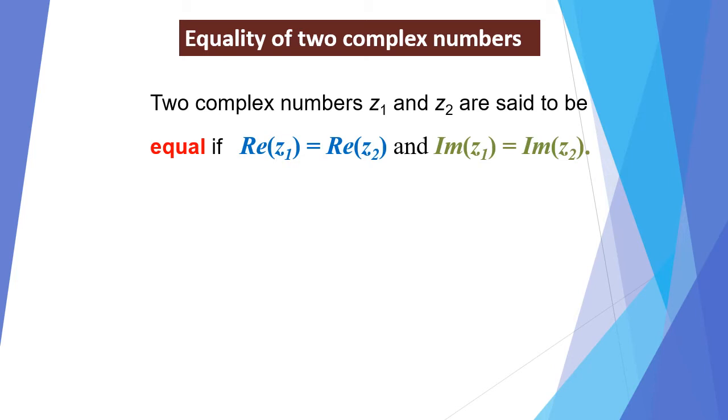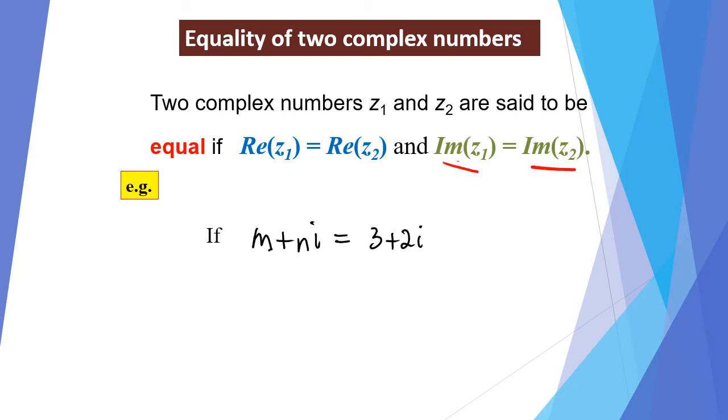Equality of two complex numbers. For example, we have z1 and z2, and it is said that those two complex numbers are equal. So we compare the real part of z1 equal to the real part of z2, and the imaginary part of z1 equal to the imaginary part of z2.